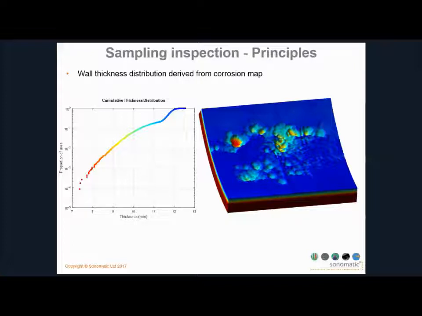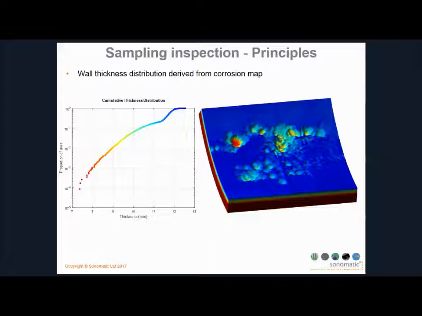In a corrosion map we typically associate colors with different wall thickness. The blue material here would be material that's typically around the nominal thickness or above, and then going down to red, which would have some significant wall loss. The way this is normally plotted as a distribution is as a cumulative thickness distribution as a probability of shortfall.